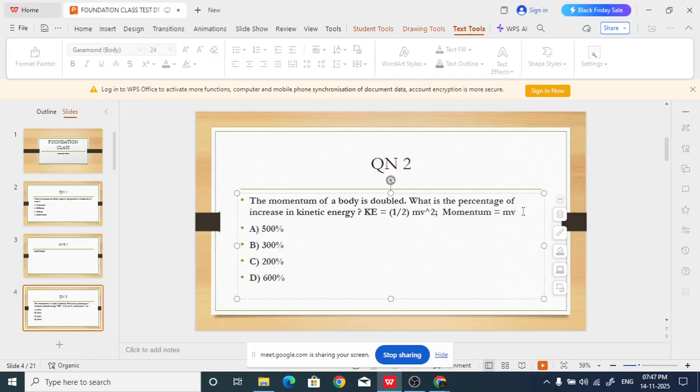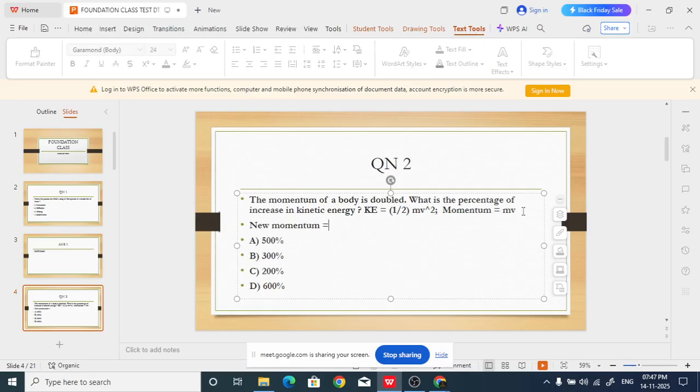So the new momentum is equal to m into 2v. So it is 2mv because now the velocity increased by twice. Because they say momentum has doubled, from mv it has become 2mv. So that is velocity has doubled.